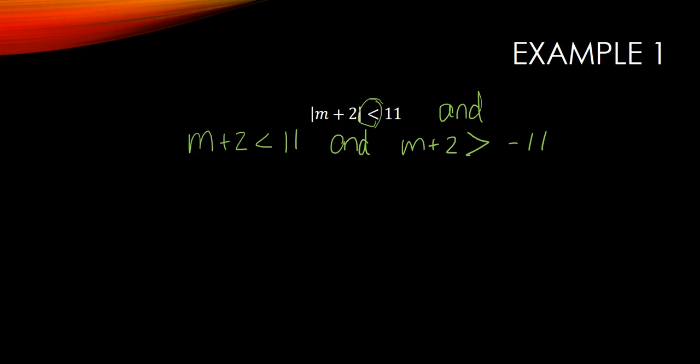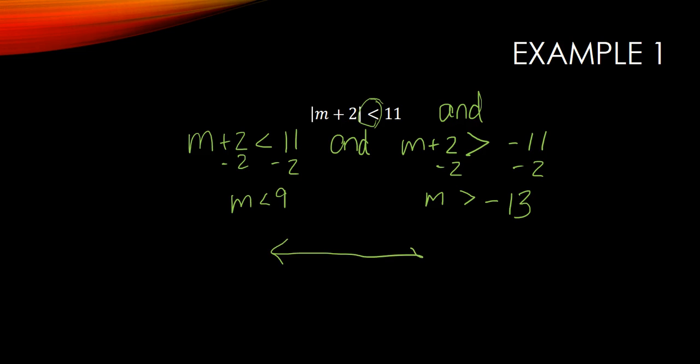So we have m plus 2 is less than 11, we can solve. We get m is less than 9, and then we have m plus 2 is greater than negative 11, because remember we had to switch the inequality. So we subtract the 2, and we get m is greater than negative 13. So, number line, I'm just going to put my two numbers, so number line negative 13 smaller, so that comes first, and then 9.